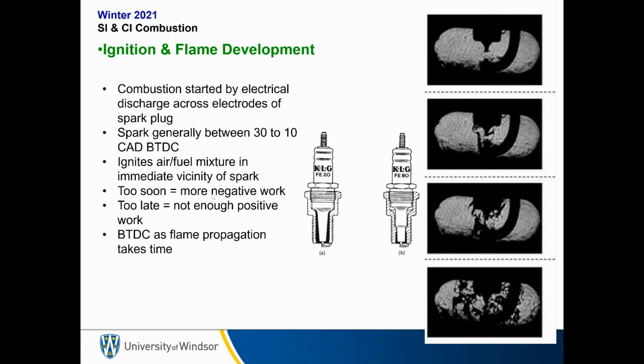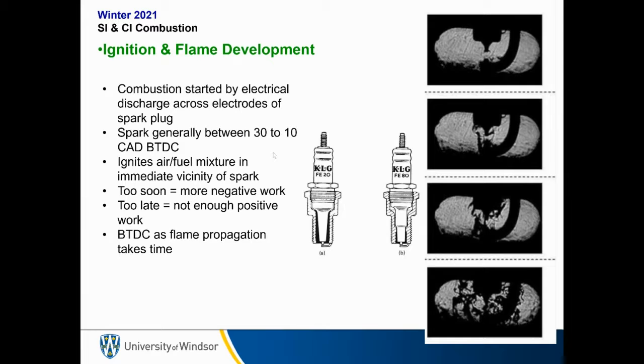Now if we ignite too soon, we're going to have more negative work. If combustion happens too soon, we get a pressure spike while we're still in the compression stroke, still trying to compress the intake charge. That means the piston or the engine is fighting against this pressure to compress the intake charge, and this is negative work.